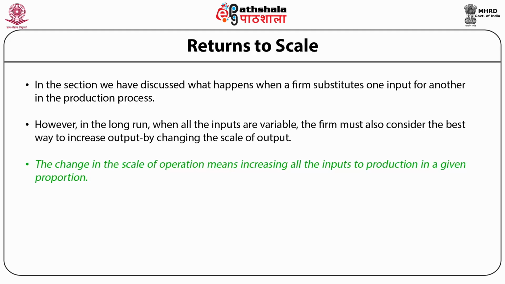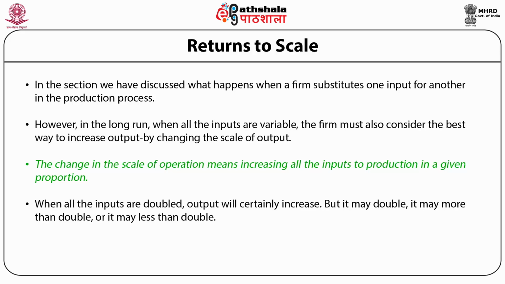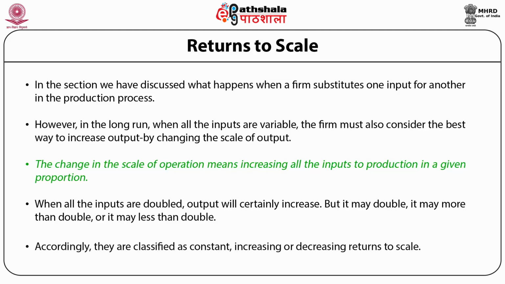The change in the scale of operation means increasing all the inputs to production in a given proportion. When all the inputs are doubled, output will certainly increase, but it may double, it may more than double, or it may less than double. Accordingly, they are classified as constant, increasing or decreasing returns to scale.